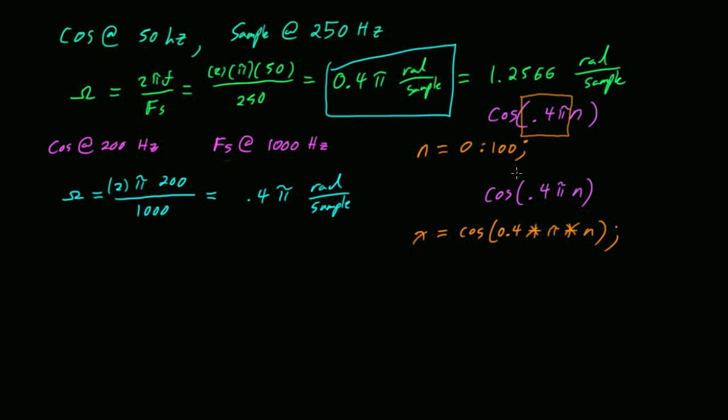If you give it the sampling frequency, then it can say, I see energy at 0.4 pi radians per sample, and since I know the sampling frequency, that corresponds to 50 hertz, or 200 hertz, or whatever hertz. So lesson number 1: we need the sampling frequency if we wish to get from discrete time back to continuous time.